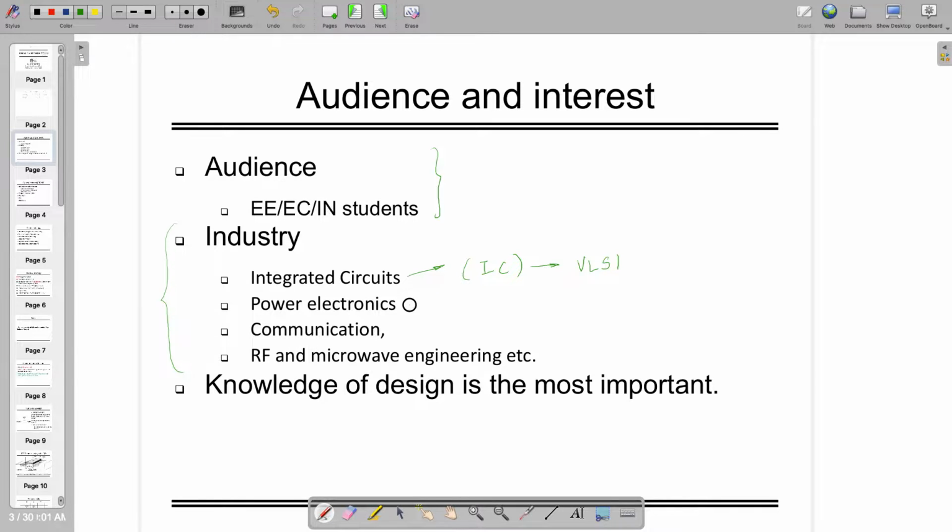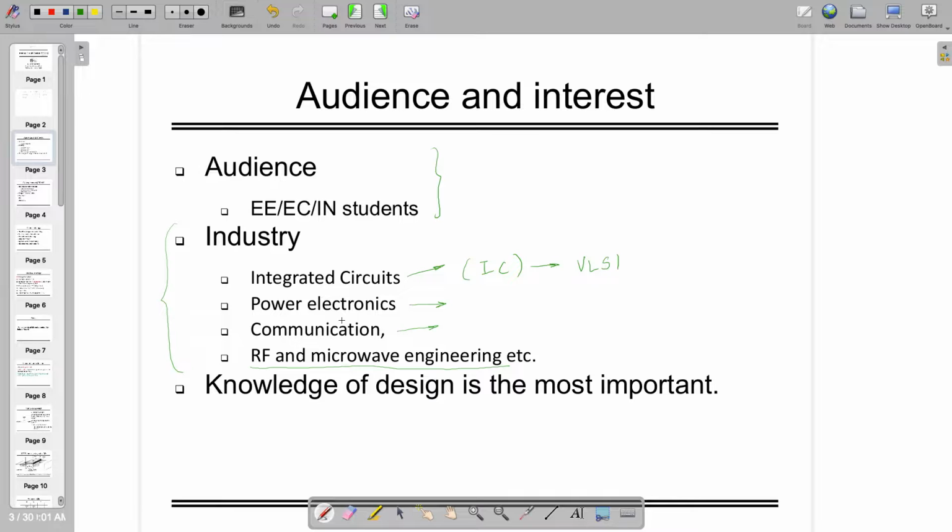Other than that, if you are interested in power electronics, this course is still very important. Communication engineering, where you want to understand analog modulation or modulation in general, requires analog circuit design knowledge. And of course, RF and microwave engineering. So for any of these courses, it's desirable that you should have the analog circuit design course before having them.